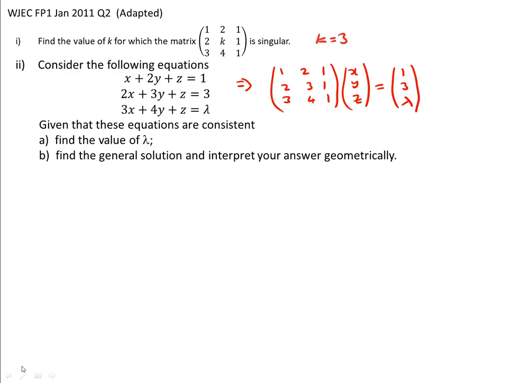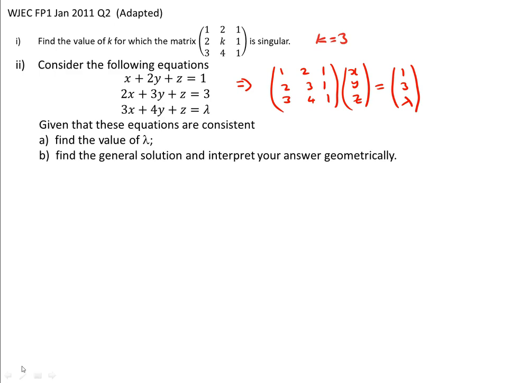Okay, the system of equations that we've got is exactly (1, 2, 1; 2, 3, 1; 3, 4, 1) times (x, y, z) equals (1, 3, lambda). So that's exactly the situation in which the matrix is singular.